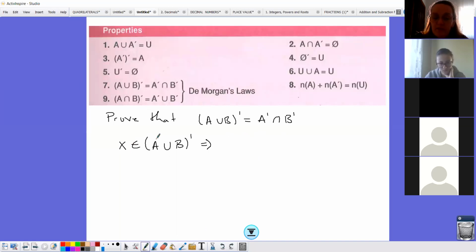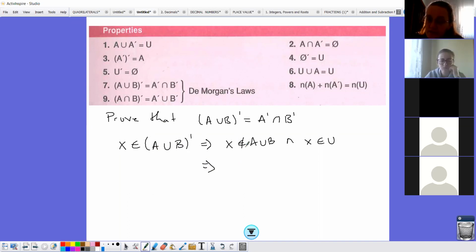So if X is element of A union B complement, so X is not element of A union B, and X is element of the universal set. I can say this. X is element of the universal set because these sets are in the universal set already. Yes?